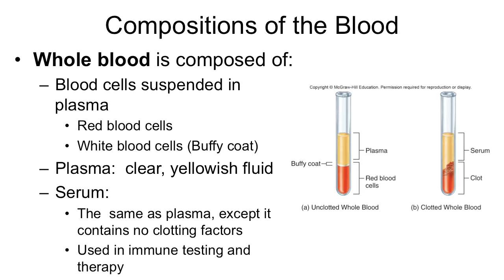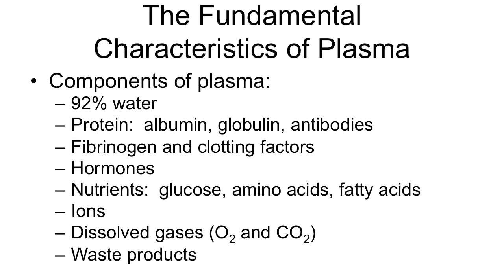So the serum can be transferred, for example, to another person without the clotting factors present. And we use both plasma and serum to do immune testing, to check if there are antibodies against a particular infection, or if there has been a therapy, we can measure its levels in serum and plasma.